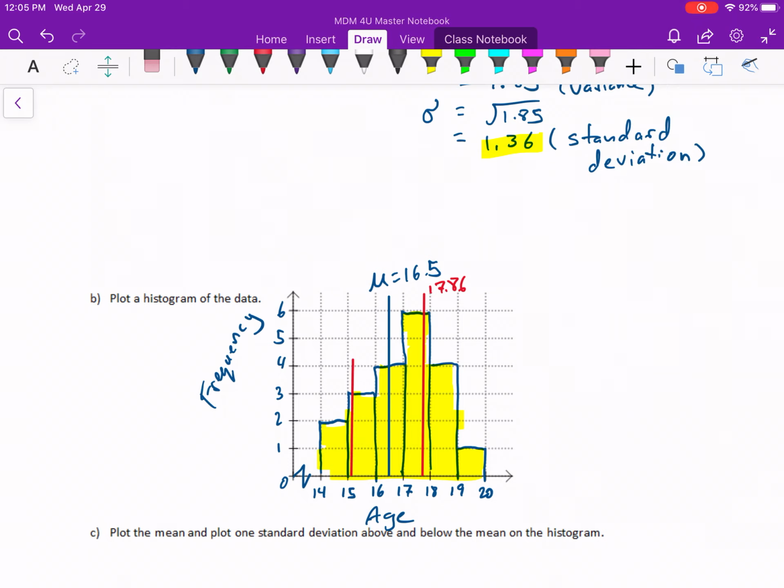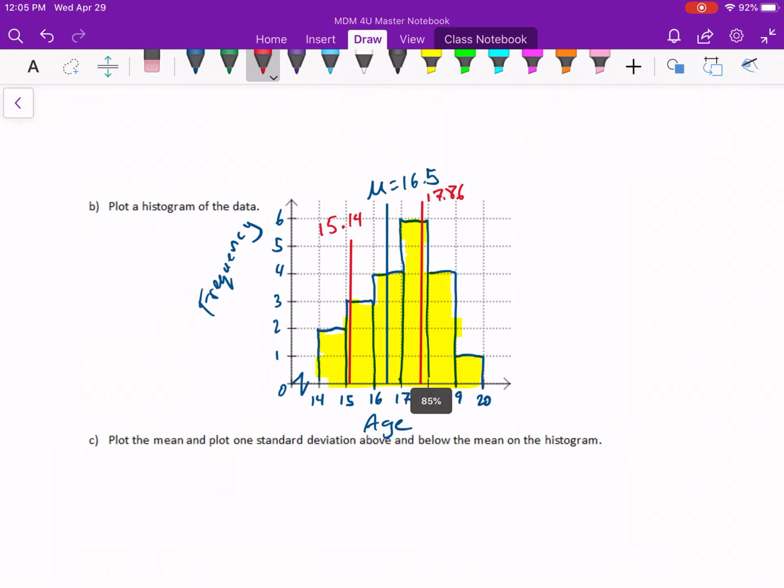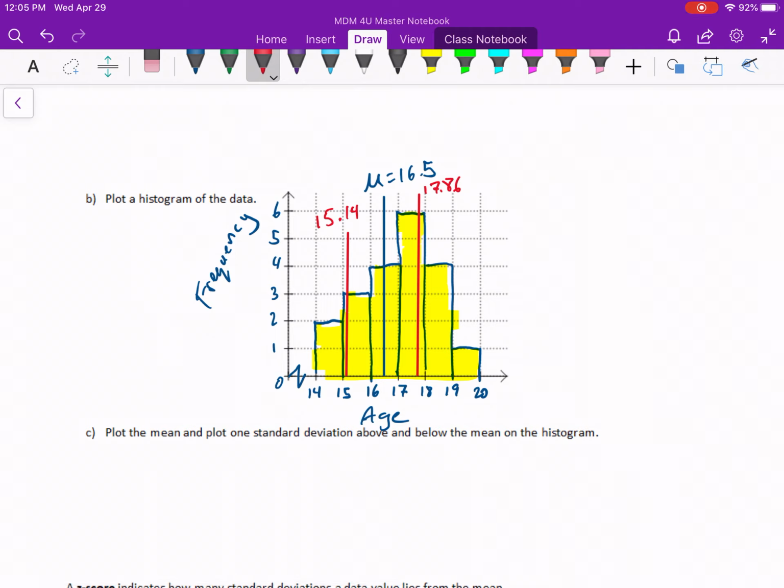That would be about here. Close enough anyway. All right, so you can see the mean is pretty much in the middle. You can see the standard deviation. Between those 2 standard deviations is where it looks like about 2/3 of the data would fall, between the upper and lower 1 standard deviation above or below the mean.